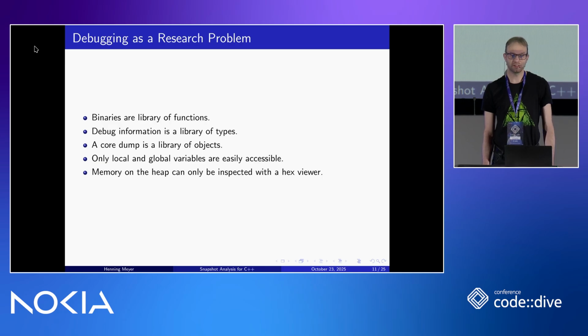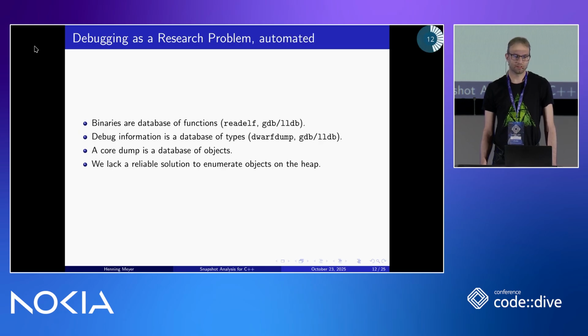And the difference is that we can use a program as a database of functions. There are tools to read them. We have tools to read debug information, but we don't have tools that find objects deep inside the heap in a core dump. And I'm saying we can write these tools. We can have these tools.